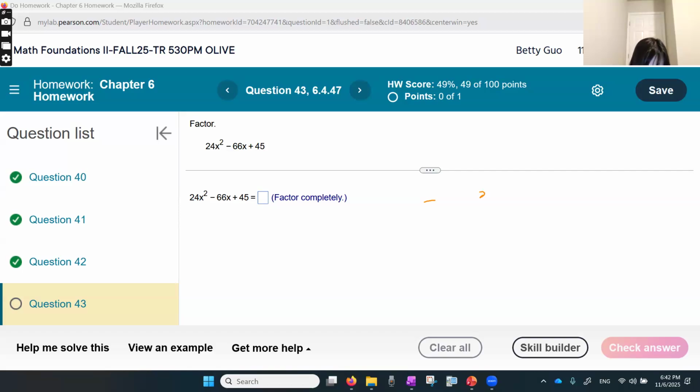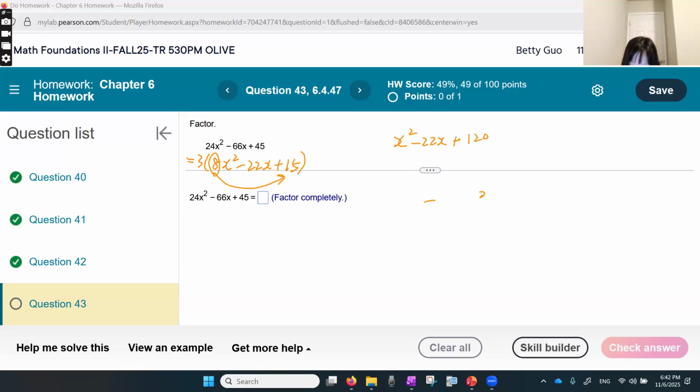3, right? Factor 3 out: 8x squared minus 22x plus 15. Slide: we have x squared minus 22x plus 15 times 8.